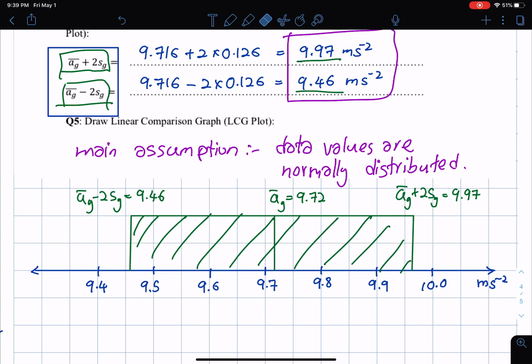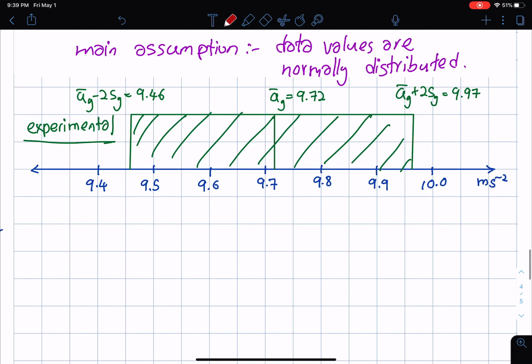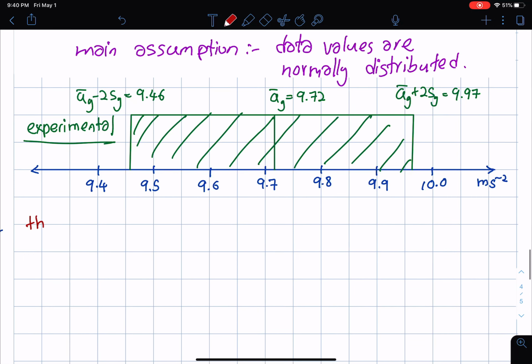This is the 95% confidence interval for our dataset, and this is actually the experimental side of the plot. Now I am going to draw the theoretical value we are given. This is the theoretical side of the plot.